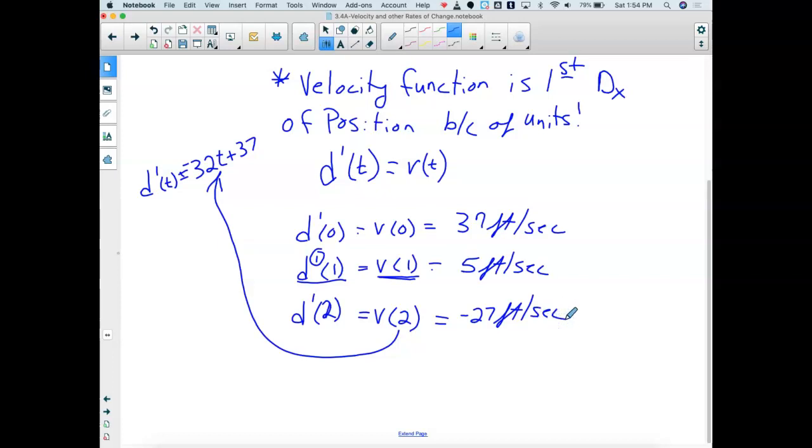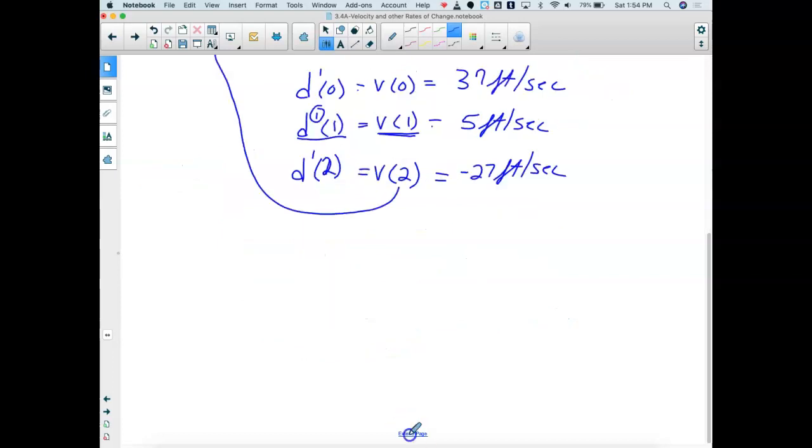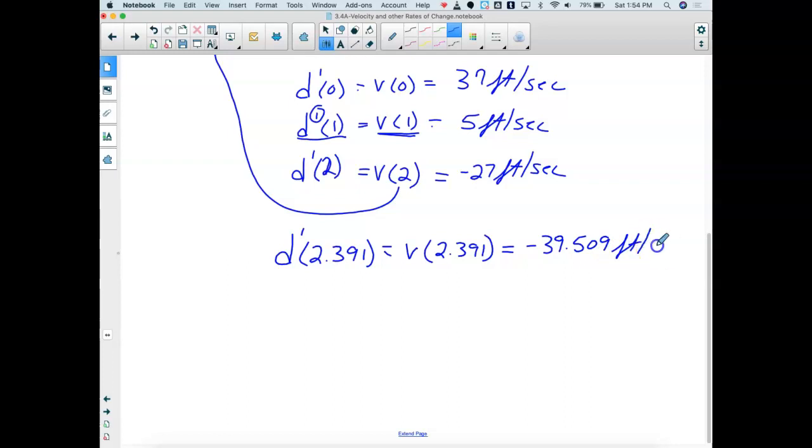Well, what if I wanted to take it a step further? What if they asked me in an application like this, what was the velocity of the ball when it impacted the ground? Well, that means I need to know the derivative when it hit the ground, and we knew it hit the ground at 2.391 seconds, so that's my velocity at 2.391 seconds, and that happened to be negative 39.509 feet per second.